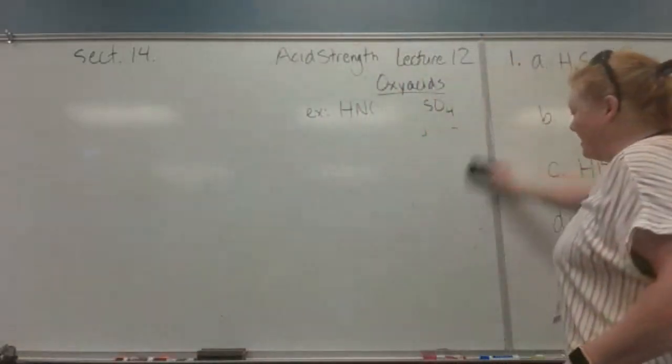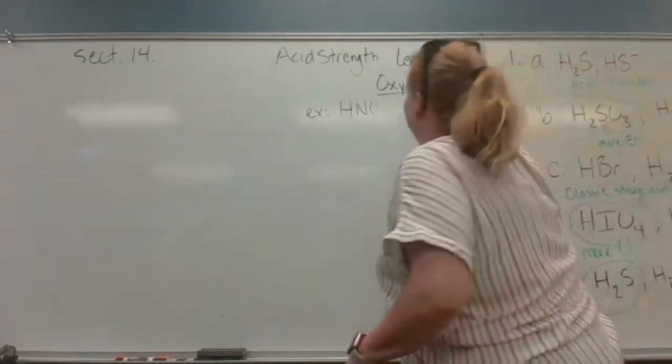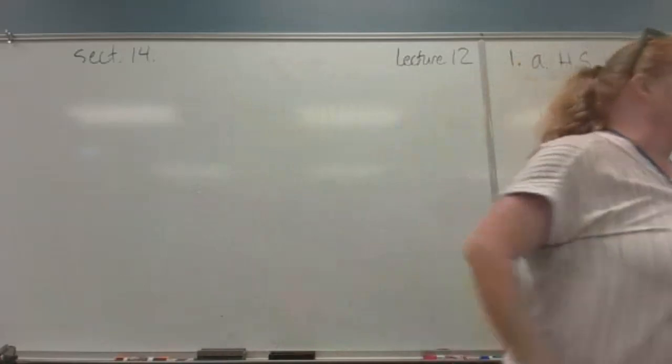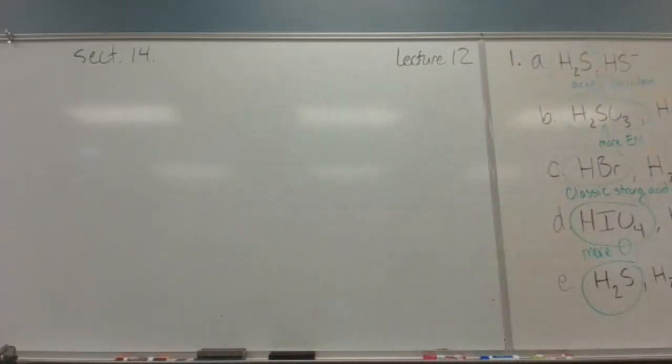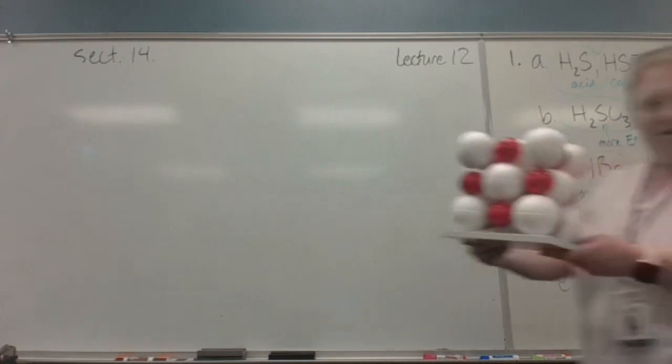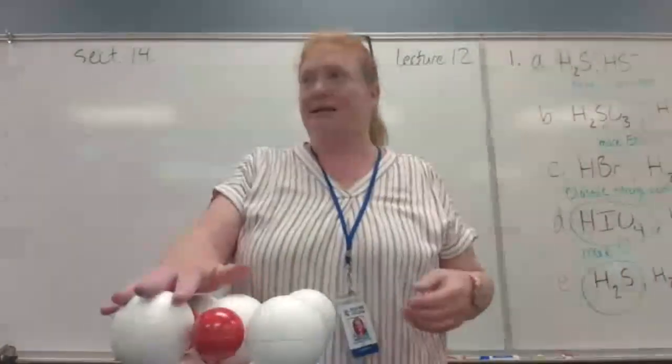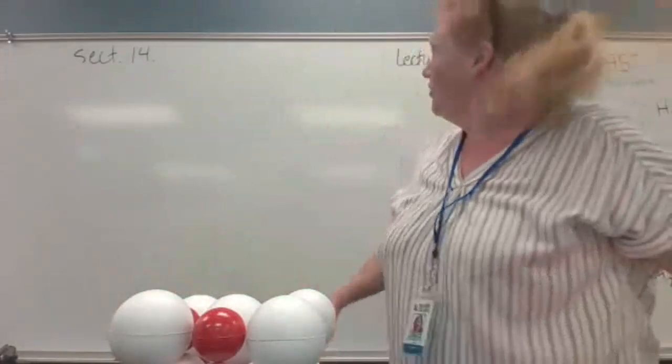Okay. Ionic compounds are made of what? It's not a trick. What makes up ionic compounds? Ions, yes. Ionic compounds are made of ions, right? What are the ions? Cation and anion, right? Okay.